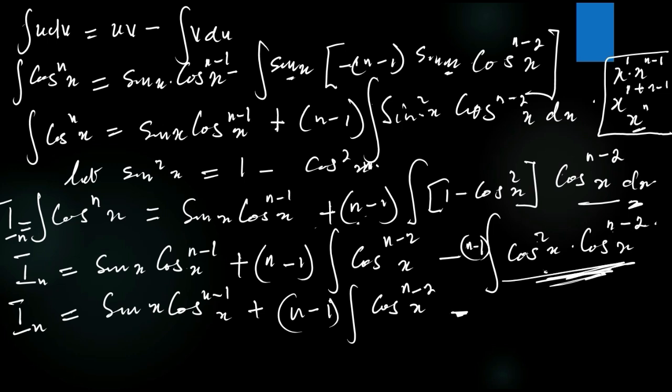Then I'll be left with n. That's n minus 1 integral of cos raised to power n of x.